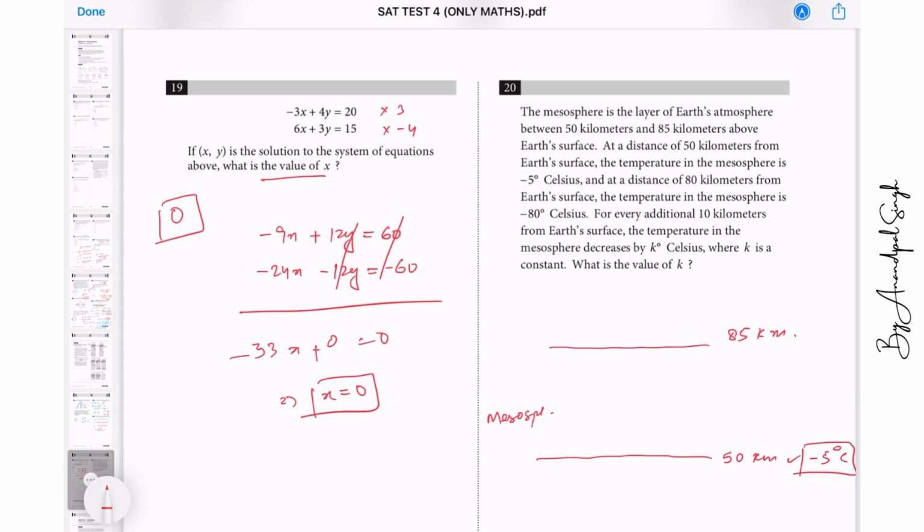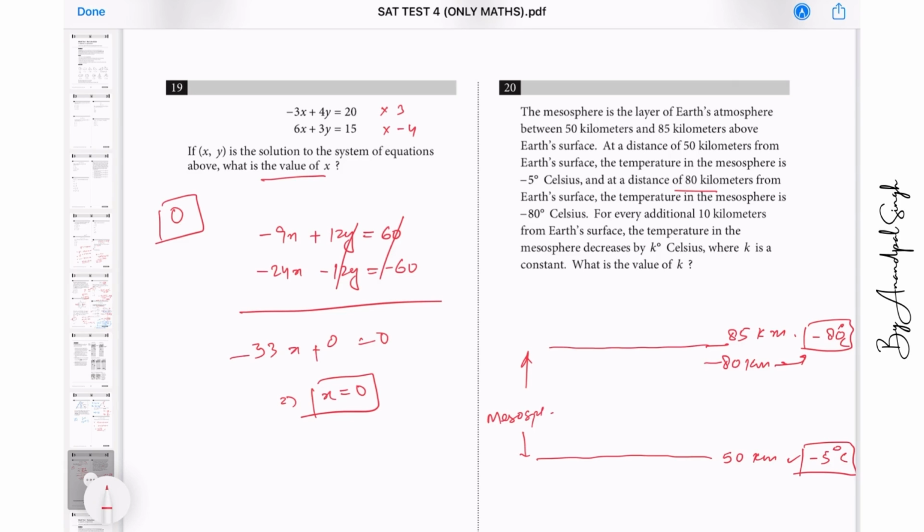And at a distance of 80 kilometers, it is minus 80 degrees Celsius. Though the layer of mesosphere extends to 85 kilometers, the distance of 80 kilometers is a little below the upper limit, and there we have negative 80 degrees.